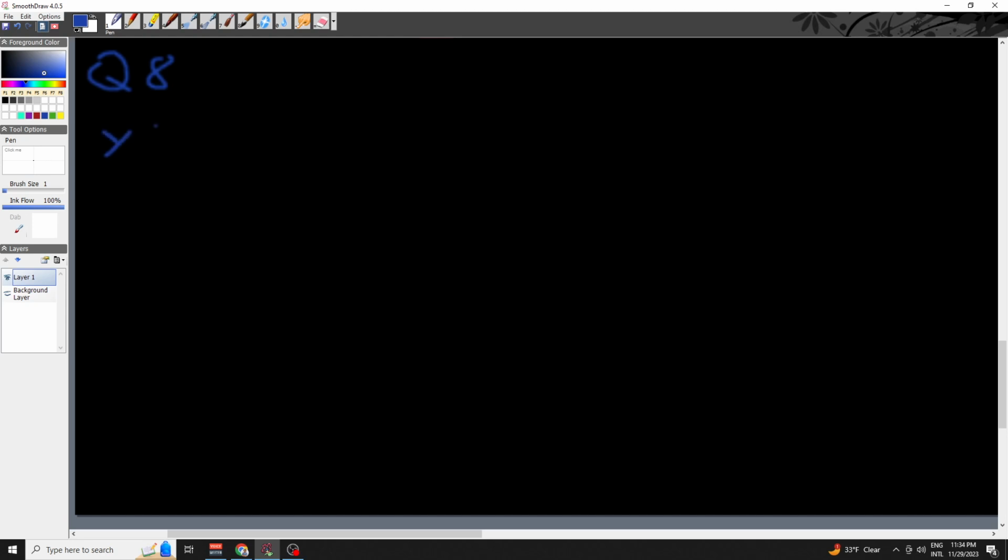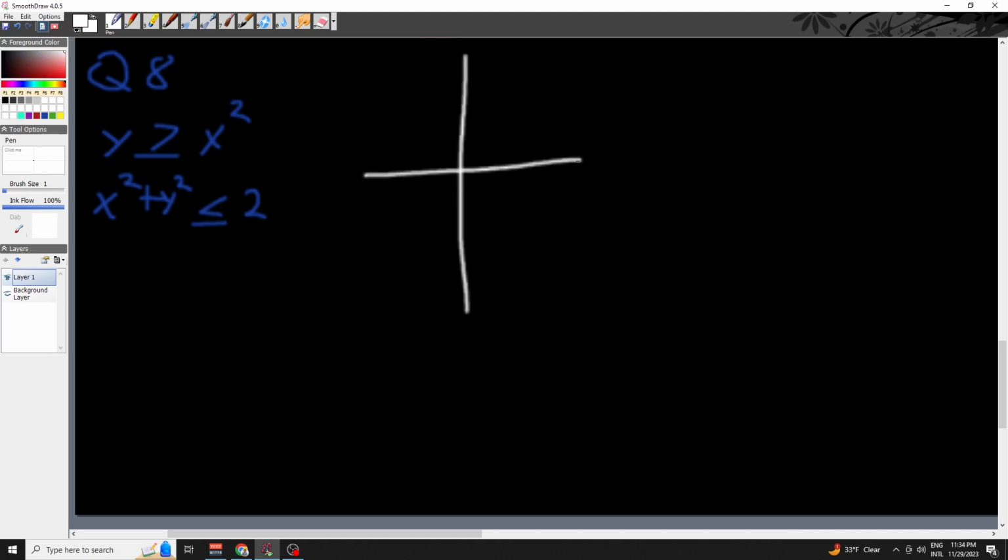We have y is greater than or equal to x squared, and then x squared plus y squared is equal to 2. This is a graphing problem, so I'm going to draw a big, beautiful graph.